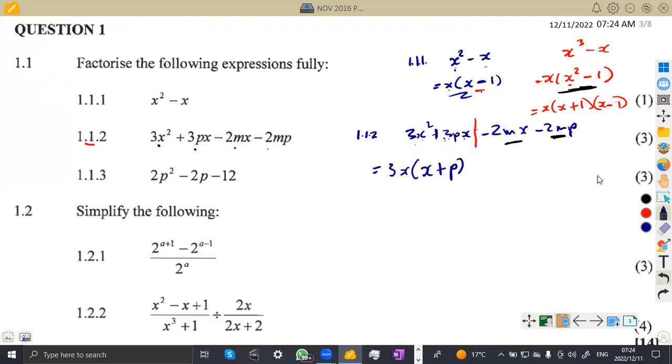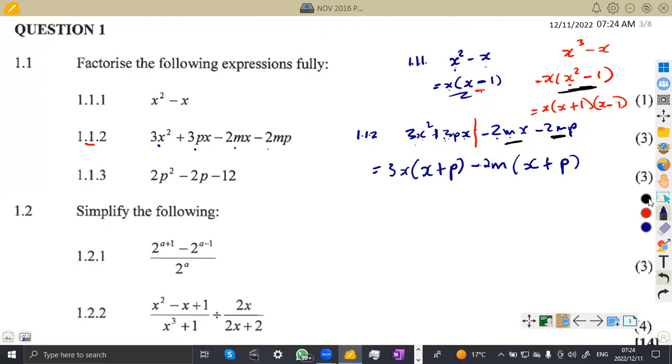So what are you going to factor out here? Negative is common, so you're going to factor out negative 2m. Negative 2 and m is common. If we factor out negative 2m here, we remain with the positive x, negative and negative, that's a positive. Negative again and a negative, that's a positive. The 2m and the 2m cancel, you remain with the p.